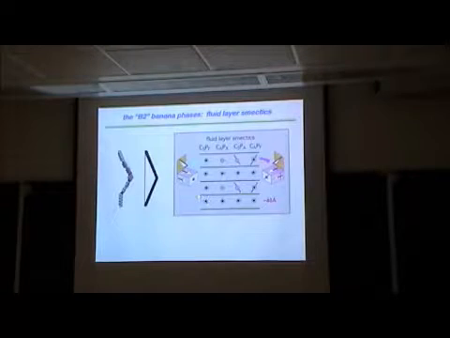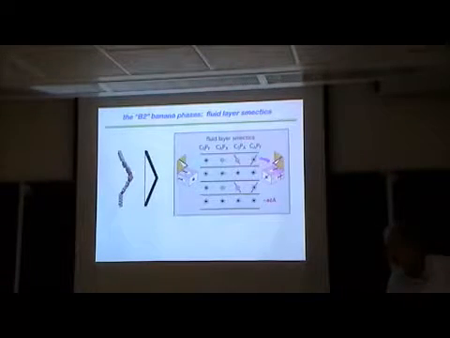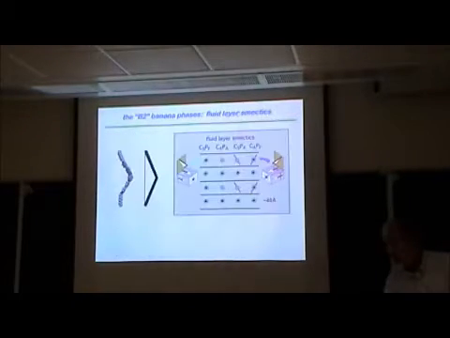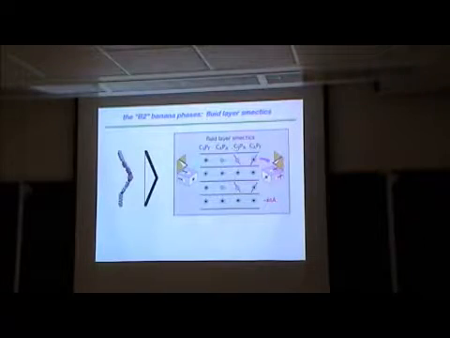Here the bananas are this structure. So the banana's tilted, so looking in from here, that looks like this. So if you just consider bilayers, 4 possible phases.